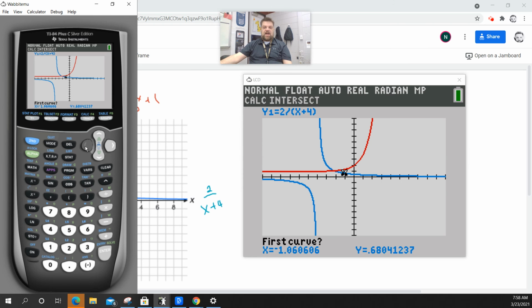So what this does is the calculator approximates the intersection. I want to get as close as I can to where I think they're going to intersect on the first curve, that's the first equation, and then as close as I think I can on the second equation. I'm not really sure. And then it wants me to guess. So that gives me negative 2.168. Okay.